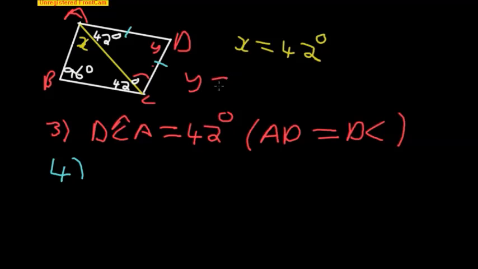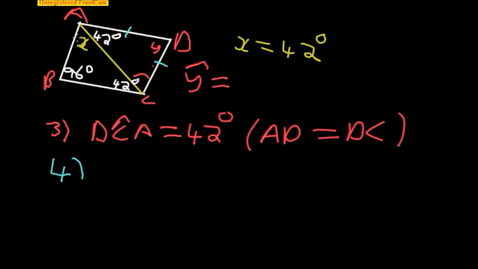Y is actually easy to see, because we already showed in triangle ABC that x is 42 degrees and that this angle is 42 degrees, and we know the sum of the angles of a triangle adds up to 180 degrees. Now we have shown that this angle here, angle DCA, is 42 degrees, which corresponds to angle DAC.